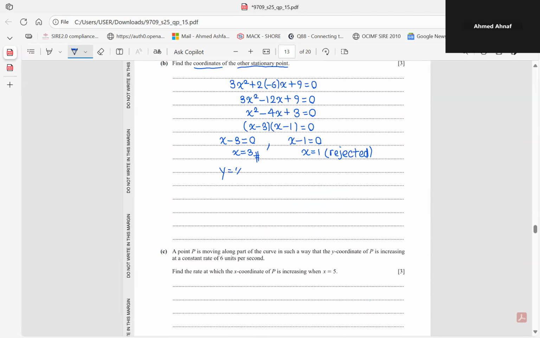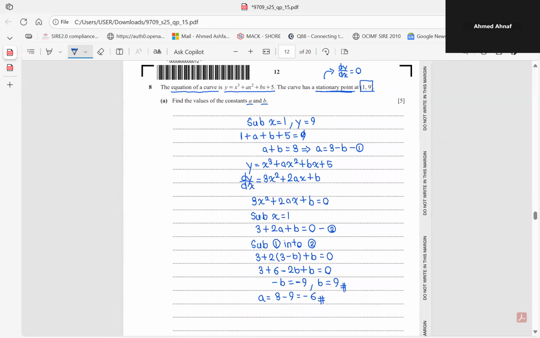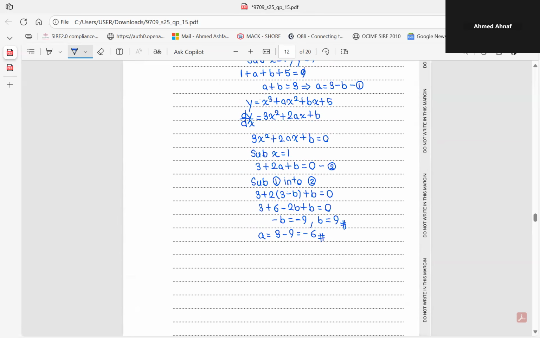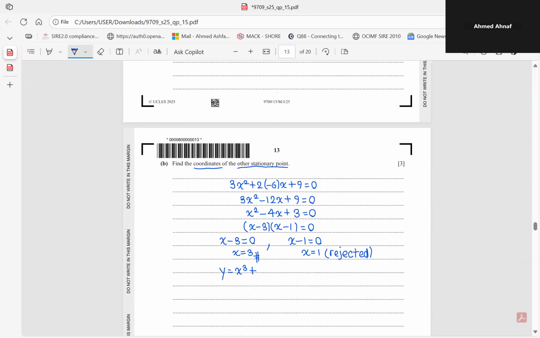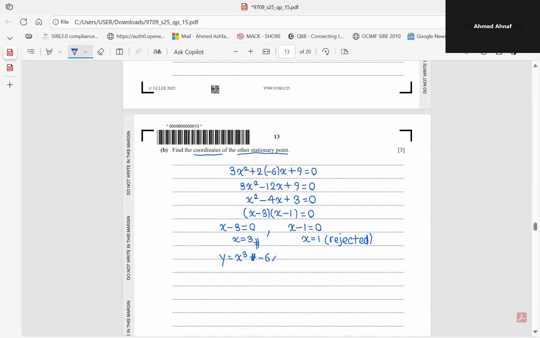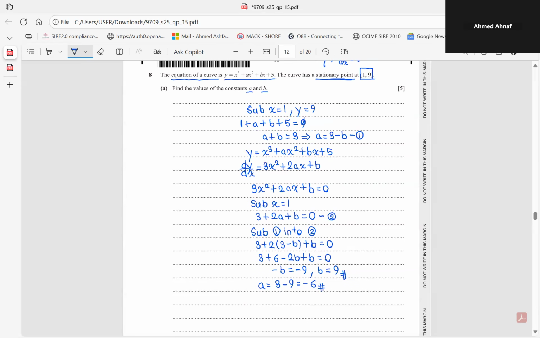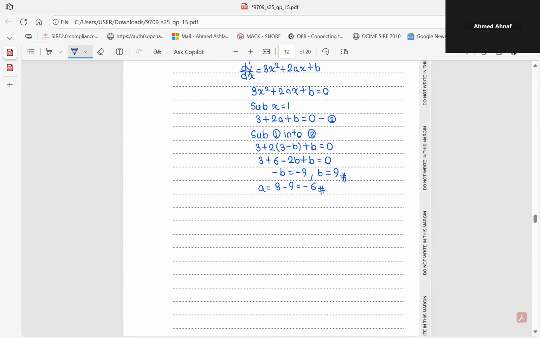So y is x cubed plus ax squared. So a is minus 6, so minus 6x squared, plus bx. So bx is 9x, plus 5.